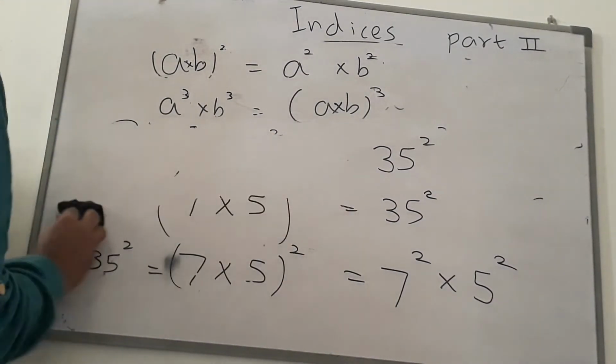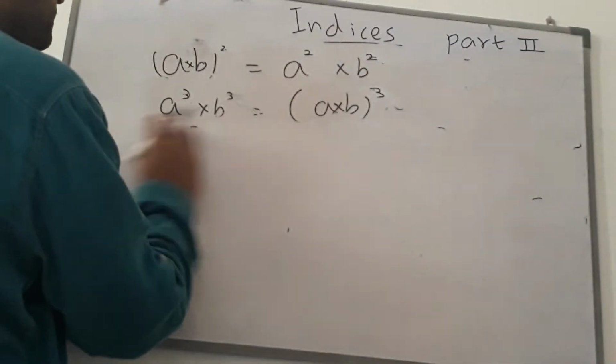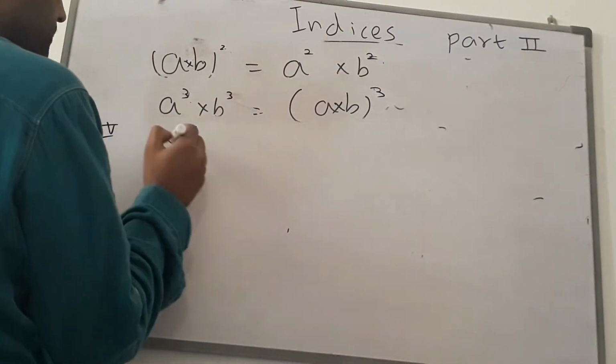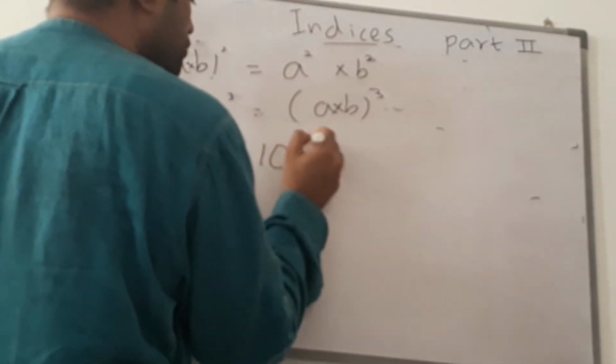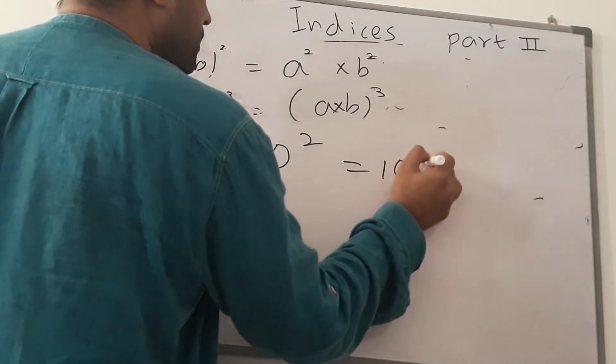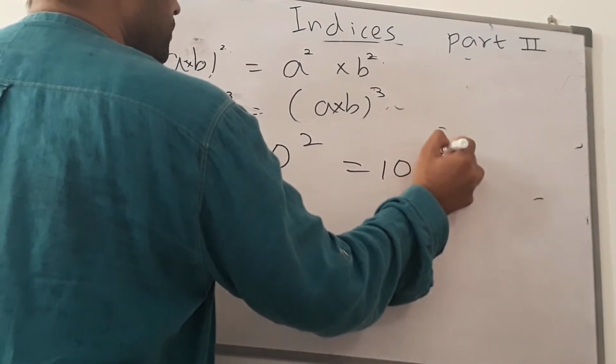Fourth question. Fourth question is a little easier in comparison to others. Something times 10 to the power 2 is equal to 100 to the power 2.